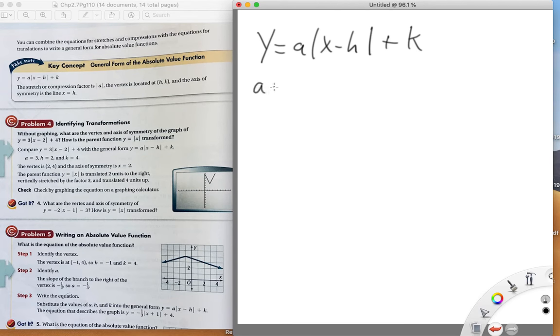So if the absolute value of a is greater than 1, then it's going to be stretched. If the absolute value of a is greater than 0 and less than 1, then it's going to be compressed.